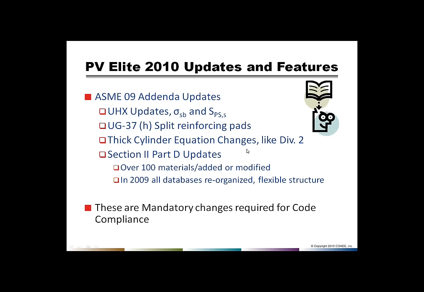The next thing that we have is a change in, or an addition, I should say, to UG-37 subparagraph H, which involves split reinforcing pads. Basically, when reinforcing pads are constructed, in many cases they're actually split into more than one piece, put back on the vessel, and re-welded.